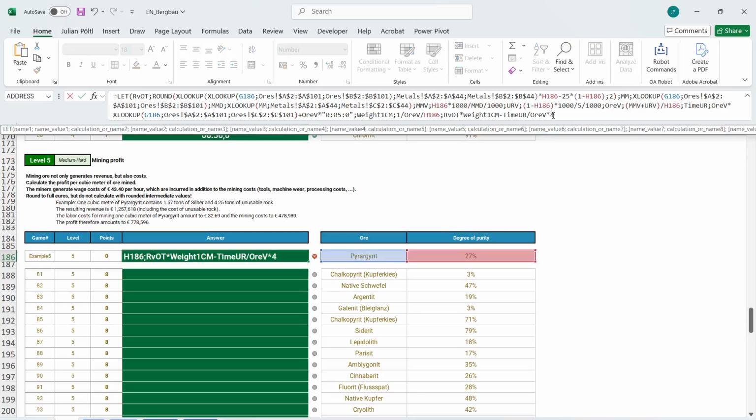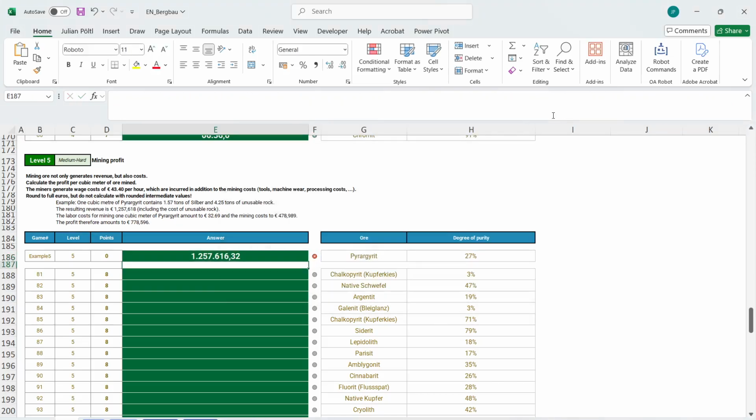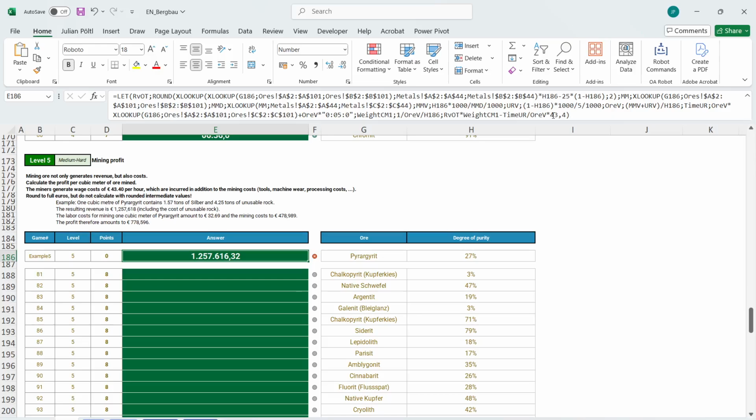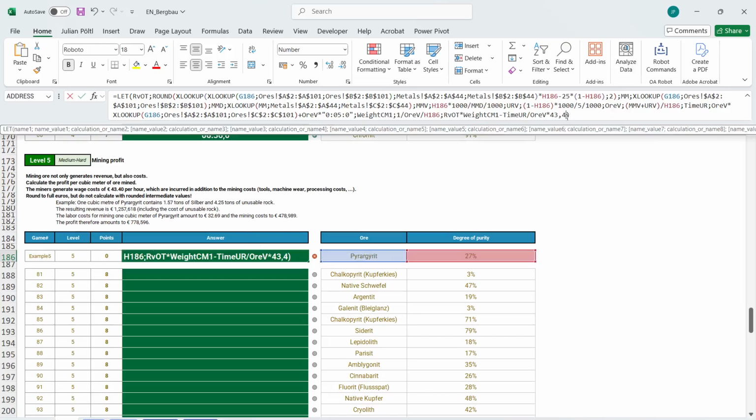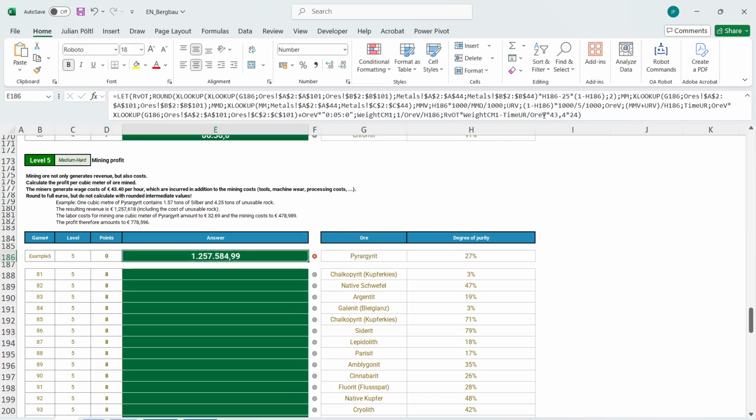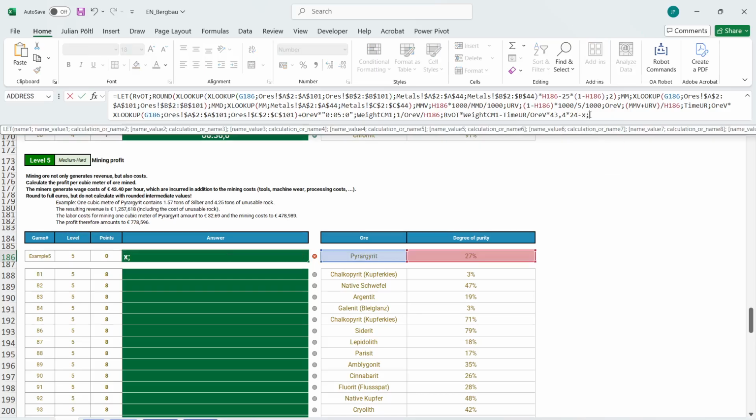Multiplied with 43.4. No. And 24. Okay, let's only watch this figure here. Yes. And then minus XLOOKUP.